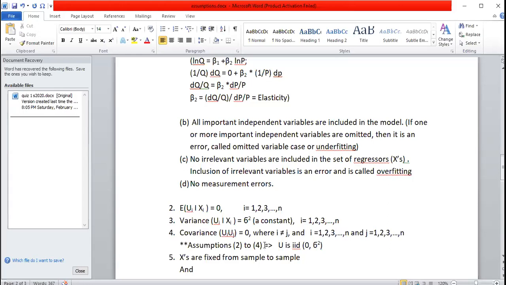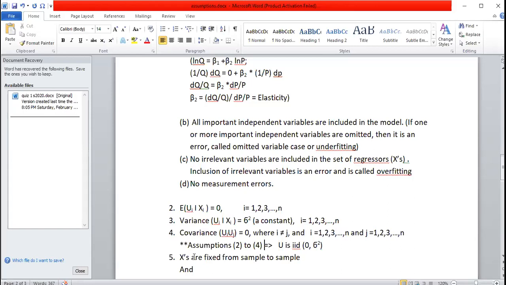Assumption number 5 is another strong assumption. It's just saying the X values like 80, 100, 120, 140, and so on will remain the same from sample to sample. So you collect a sample. What are the X values you are using? 80, 100, 120.